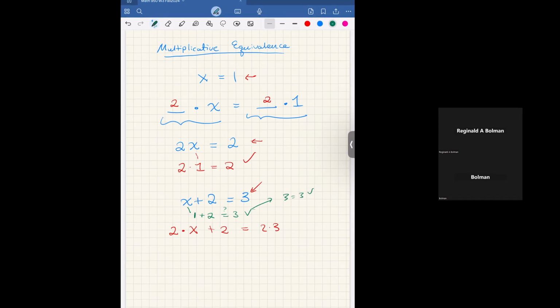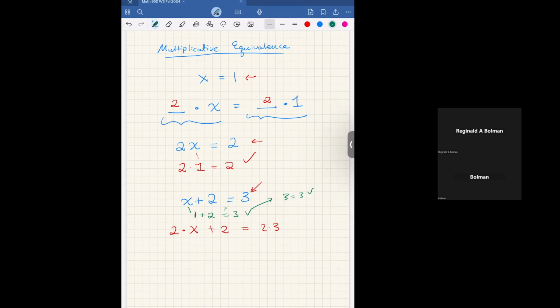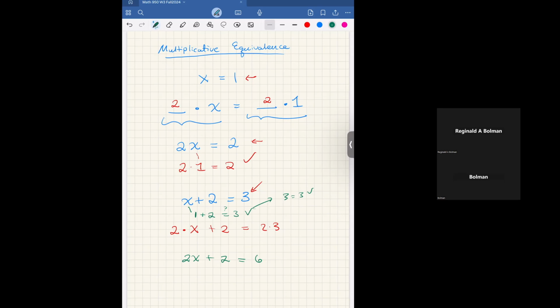But what happens if you're not careful with the multiplicative rule is if you had, say, multiplied both sides of the equation by 2, and maybe on the right-hand side of the equation you multiplied the 3 by 2, and on the left-hand side you multiplied 2 only by the x, then what's going to happen is your x value actually won't be preserved because you're going to have an entirely new equation which doesn't represent the properties of your previous equation.